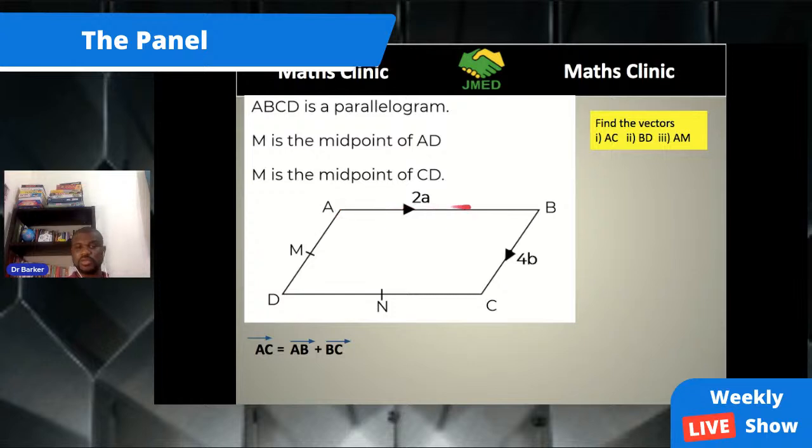Yeah, because we're going from A to B, and then B to C. So the answer really is very straightforward: 2A plus 4B. Notice the arrows, very important, because A to B tells you that direction, and the arrow is saying 2A. This one is saying 4B, in the same direction that we need to go from A to C. We need to go A to B, and then B to C. And that's just 2A plus 4B.